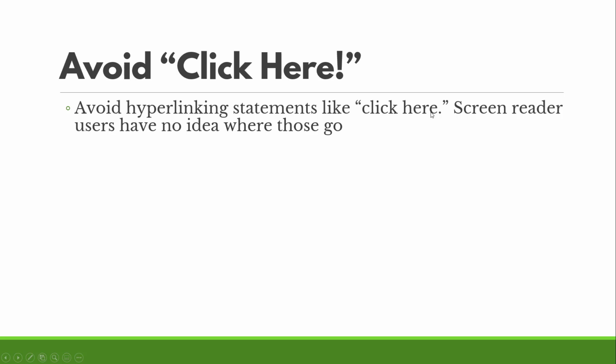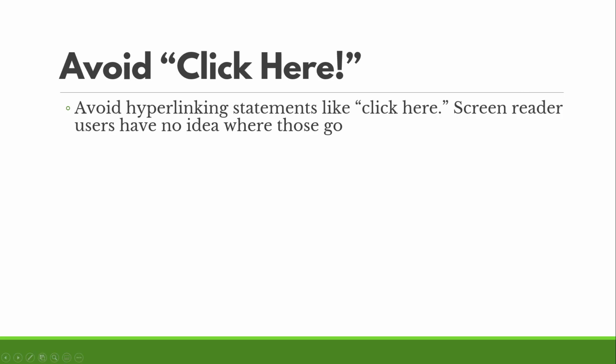So if a screen reader user or a keyboard navigator wants to see what the links are in a document or on a web page to decide where to go, they're going to be scrolling through those hyperlinks, and every single one's just going to say click here, click here, click here. I mean, would you click on one of those? You have no idea where they're going to go.